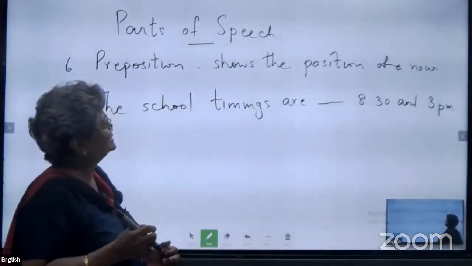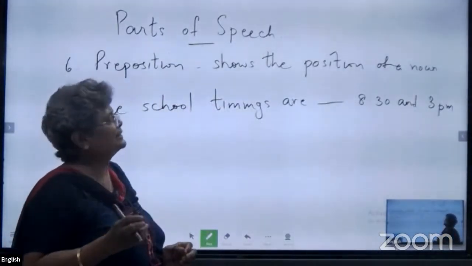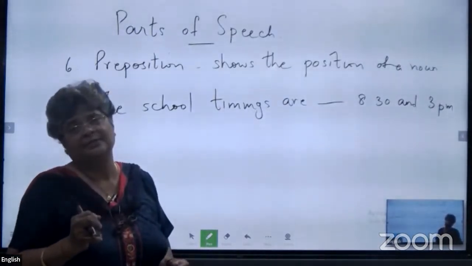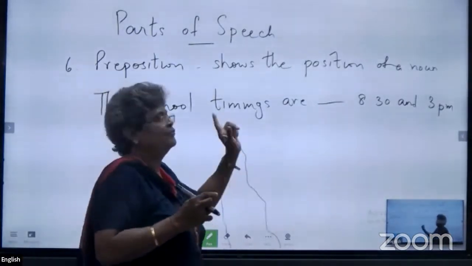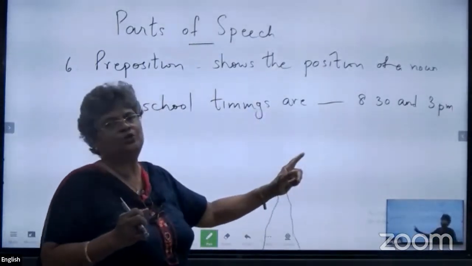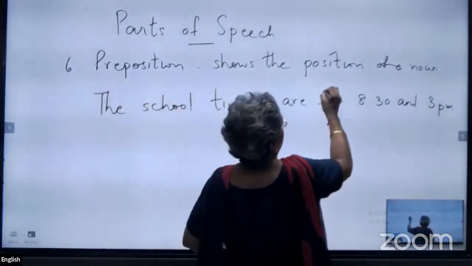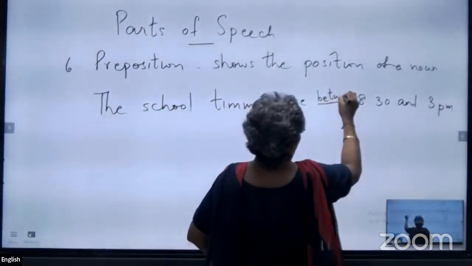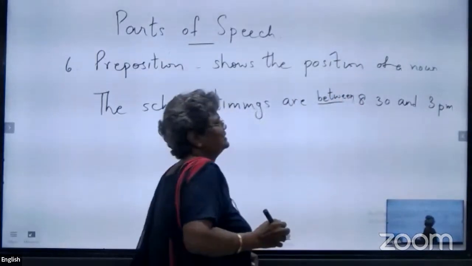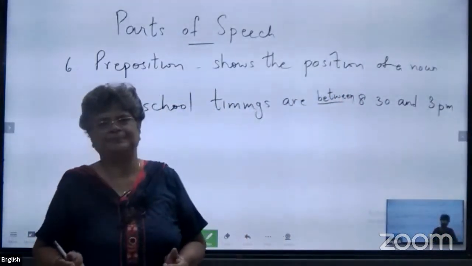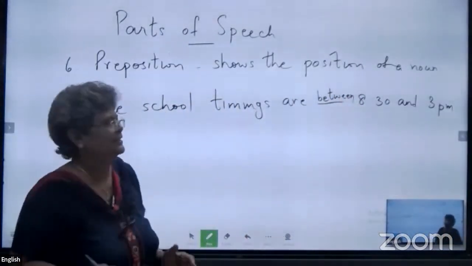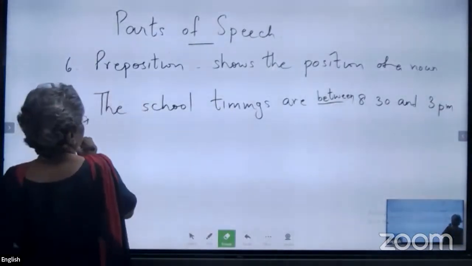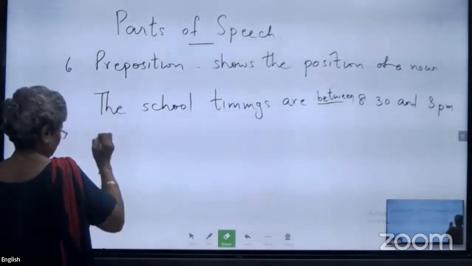The school timings are dash 8:30 and 3 p.m. Then what do you write? You cannot write from. When you write from, it ends with to. So here it is between 8:30 and 3 p.m. Understood, children? Let's go on to the next, 7th conjunction.